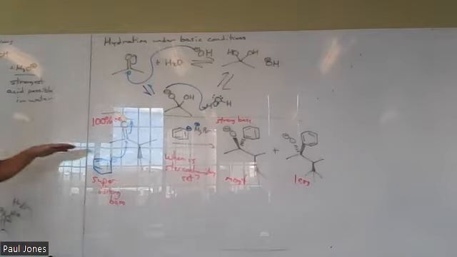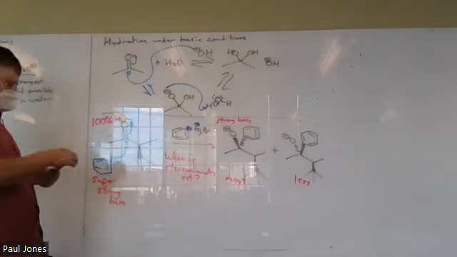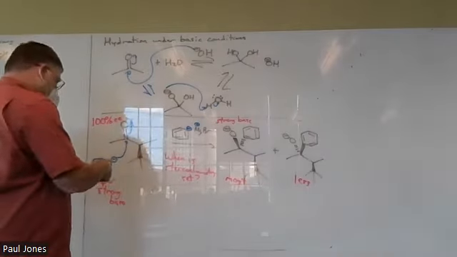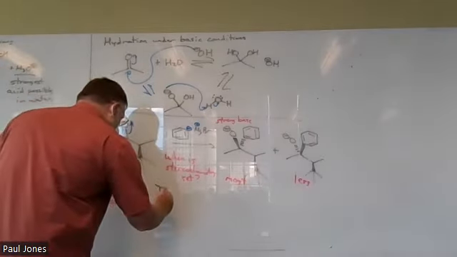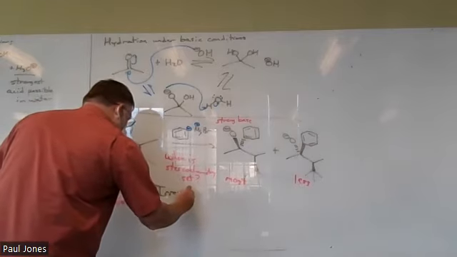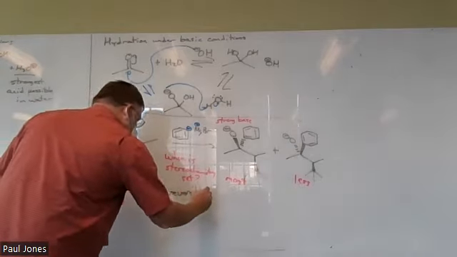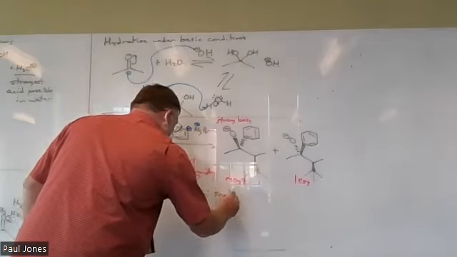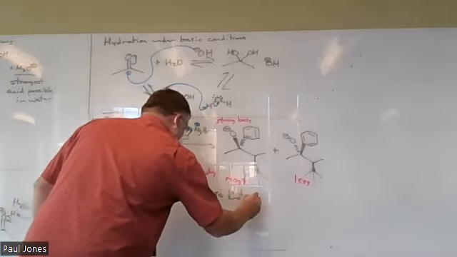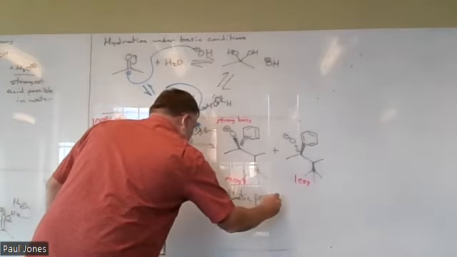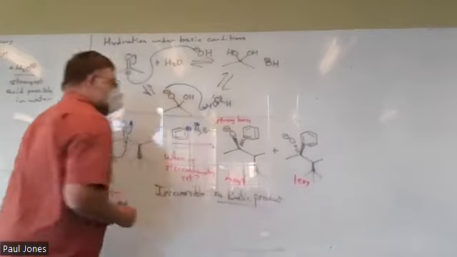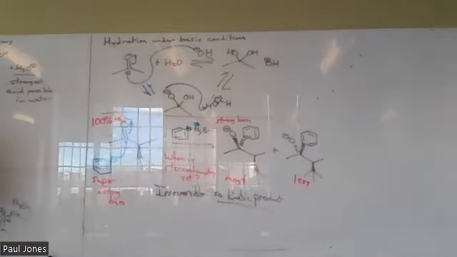So the fact that this is irreversible means it does not matter at all which one is more stable to the product ratio. And this is a really hard thing to get.